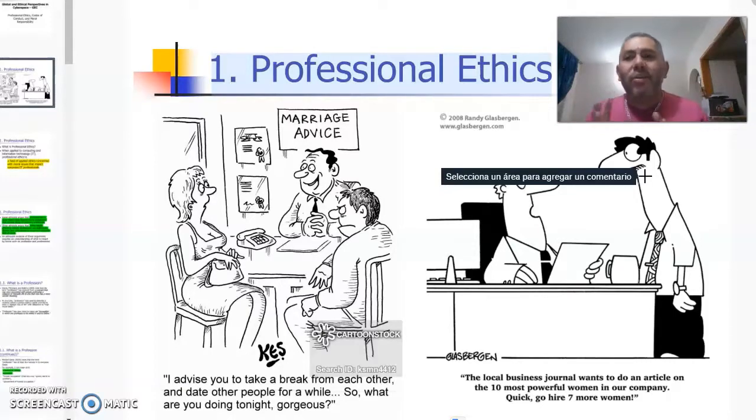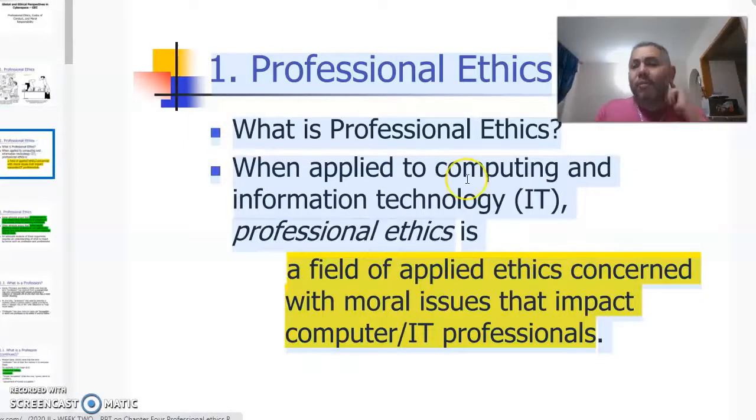So what this unit and this particular presentation discusses has to do with the concept of professionalism, the concept of ethics in professions. Let's move on. Here the first concept that we need to discuss is what is professional ethics, particularly in relation to information technology, computers, and the use of internet.